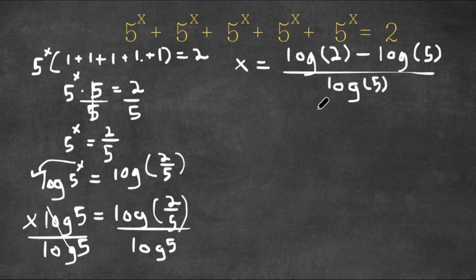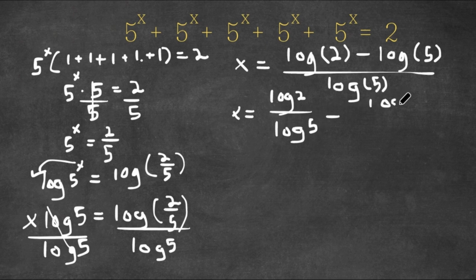Now I can actually rewrite this as log 2 over log 5 minus log 5 over log 5.